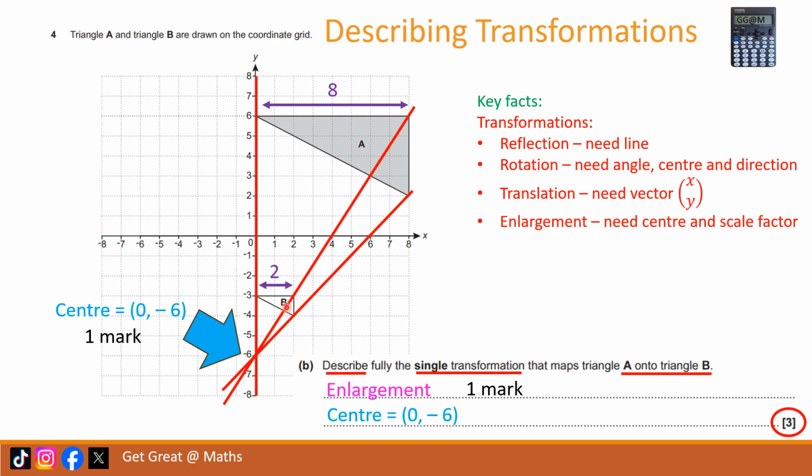But on shape B, we have got 2 squares going across. Okay, so to get from B to A, we multiply by 4. So to get from A to B, we're going to divide by 4. So my scale factor is 2 divided by 8, which is the same as a quarter, and that is our last mark. So remember to write your answer on the dotted line. So a scale factor of a quarter is the third and final mark for this question.